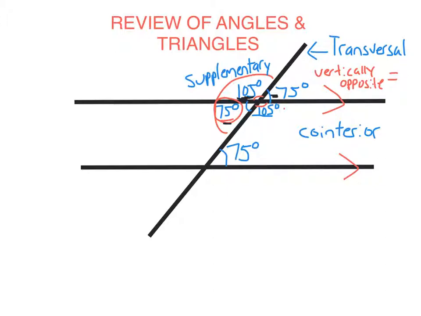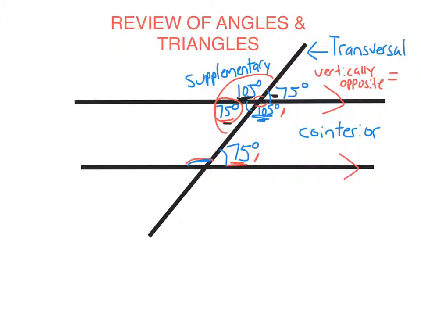Now, because this angle and this angle add to 180, but this angle and this angle must also add to 180 because they are supplementary angles in a straight line, then that means that this angle here and this angle must be equal to each other. And you can see that these two angles form, and I know I didn't draw it that well, a Z shape. And the Z shape angles are equal.